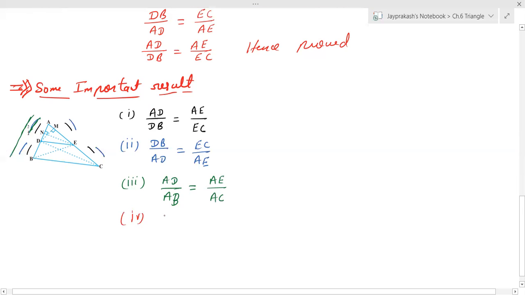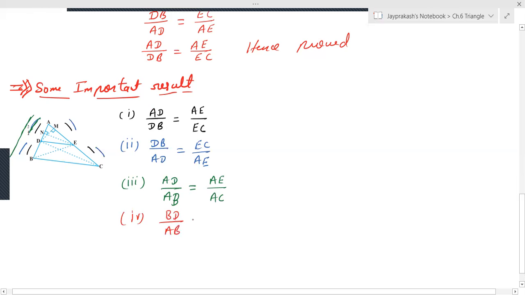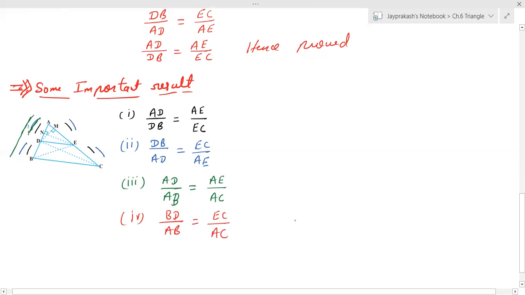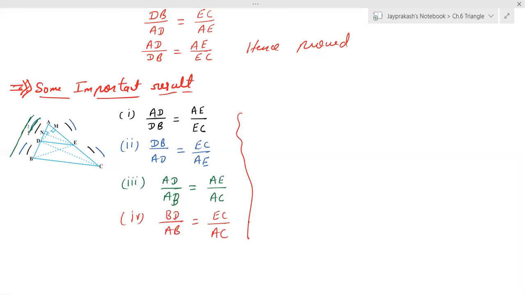As the fourth result, you can take the lower half BD and then the whole side AB, and on this side EC upon AC. So these are the four results that we will use from theorem 6.1 to find the solution of exercise 6.2, whatever the missing part.